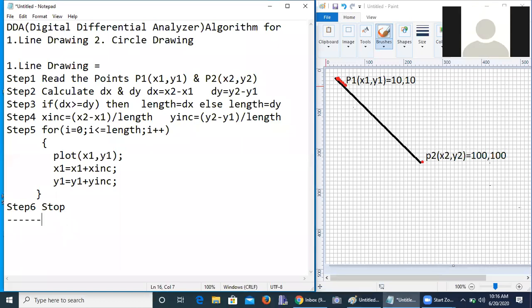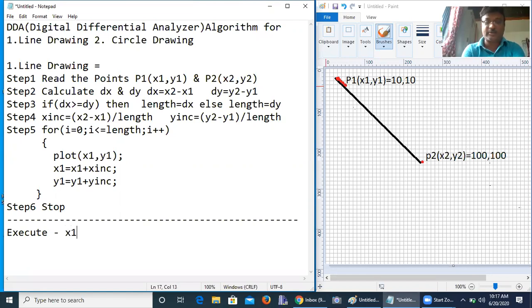Suppose my first point is x1, y1. x1 is equal to 10, y1 is equal to 10, and x2 is equal to 100, y2 is equal to 100.